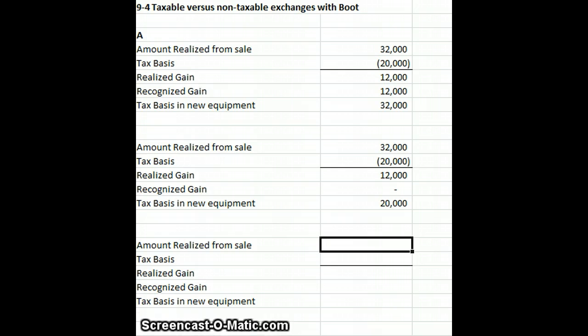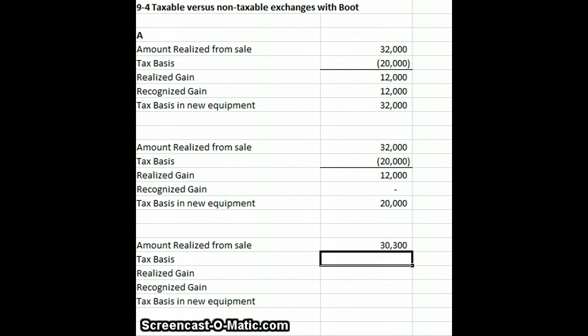So the old asset must have been worth only $30,300, because we had to pay an additional $1,700 to get up to the value. My amount realized for the sale is going to be the $32,000 fair market value minus that $1,700 boot that we paid. So $30,300 is what our actual sales price is.